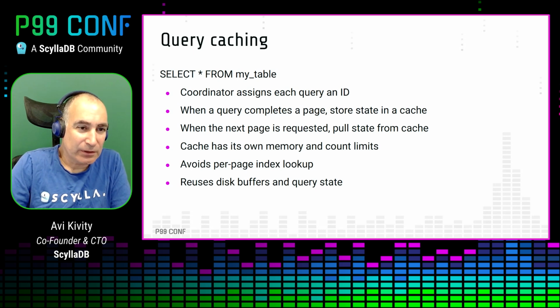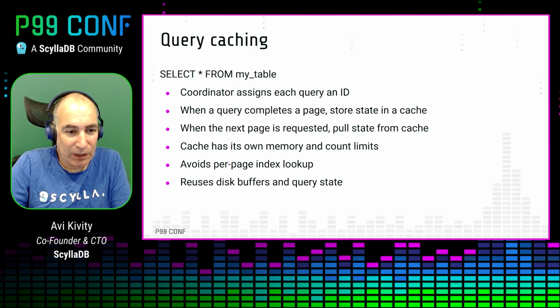And each time we return a page and ask the client to continue later. The problem with that is that if we don't do anything, we will have to look up the index and reconstruct the query state. And all of the read aheads and prefetches that we did are basically lost. So what we did here is cache partial queries.